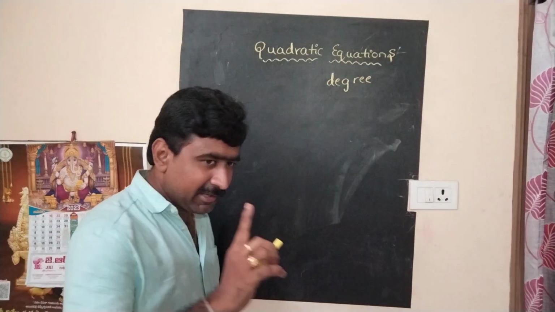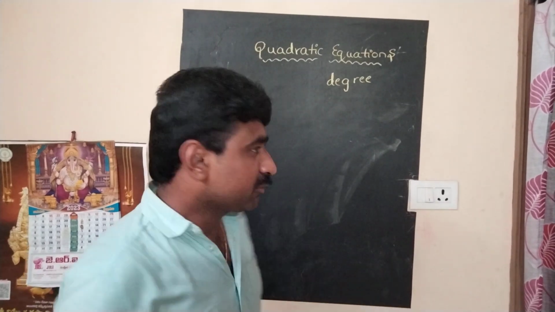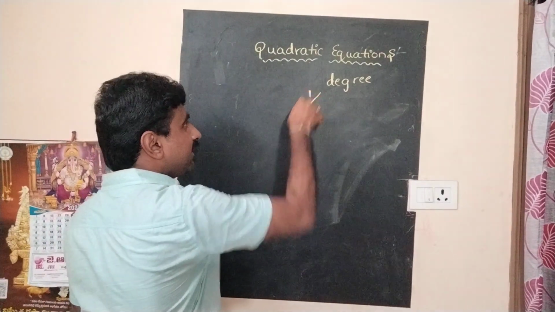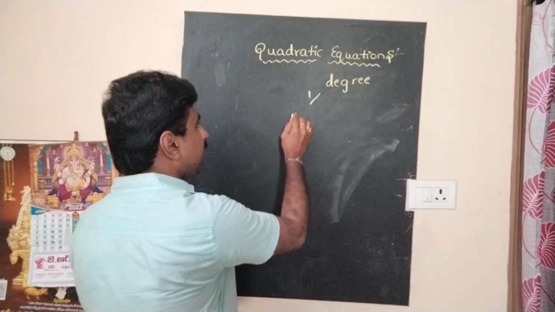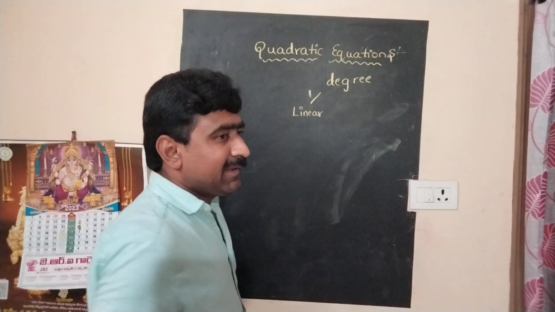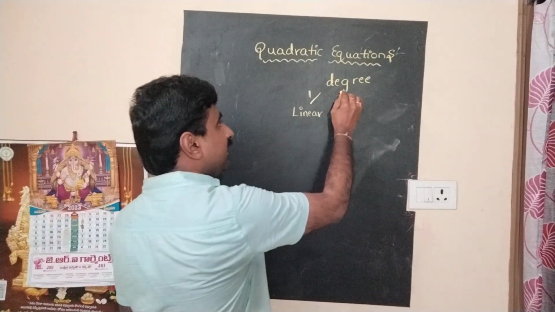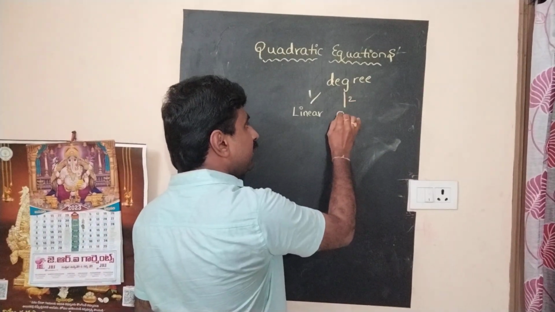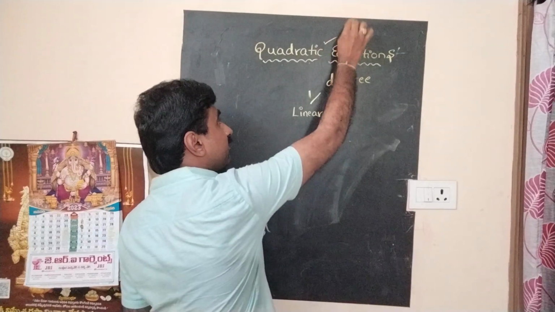First of all we need to understand that basing on the degree only we are going to classify the equations. So if the degree in our equation is 1, we can call it a linear equation. And if the degree is 2, we can call it a quadratic equation. So this is the topic right now.